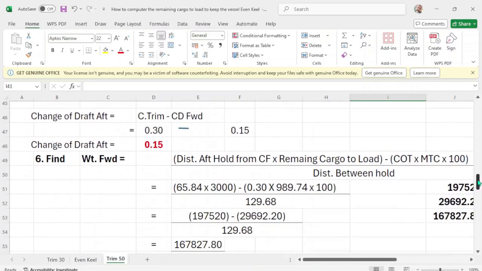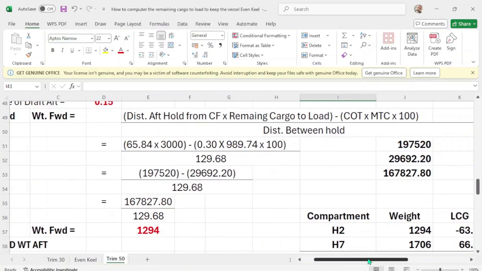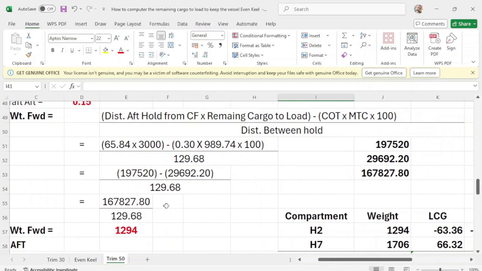So you put here 12968, okay. Now we do the computation.